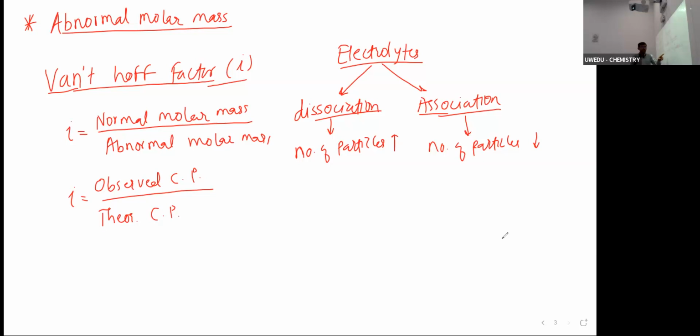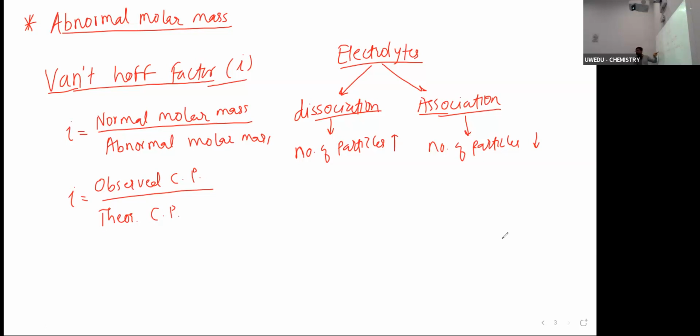If the number of particles increases, then colligative property increases. And if colligative properties increase, molar mass decreases. That's why I said that NaCl molar mass will decrease and it will be 29.25.